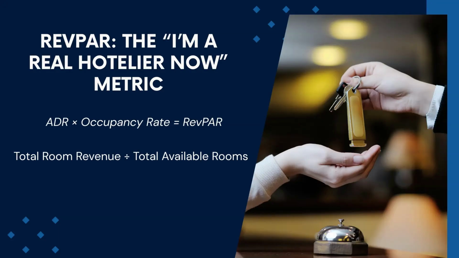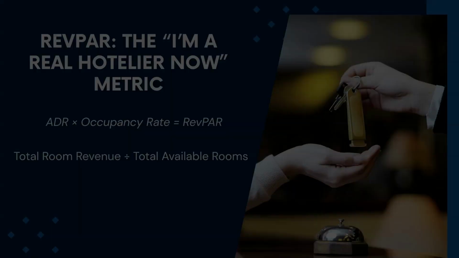If your RevPAR is rising, you're making better money per room, regardless of whether it's due to higher rates or better marketing or both. Imagine your ADR is $120 and your occupancy rate is 80%. Your RevPAR is $96, which means every room, whether it's filled or not, is earning you $96 on average.